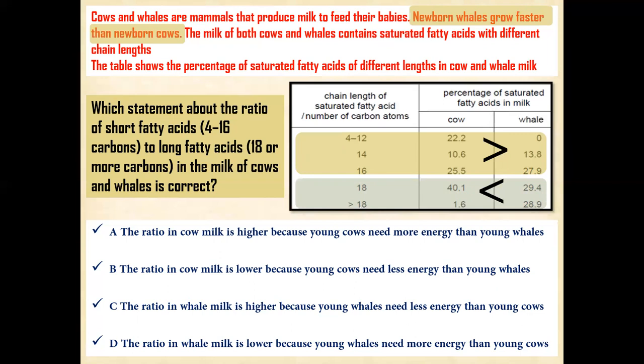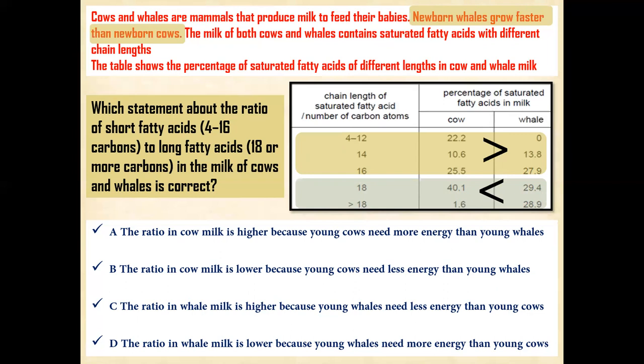So on the basis of this question statement and the table data, we get this information: the newborn whale is growing faster, so it needs more energy as compared to the newborn cow.